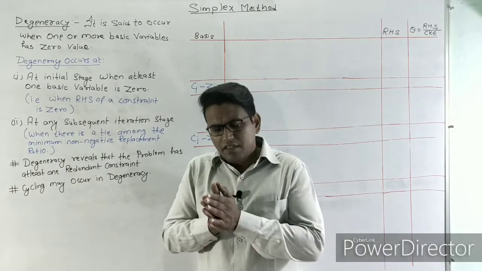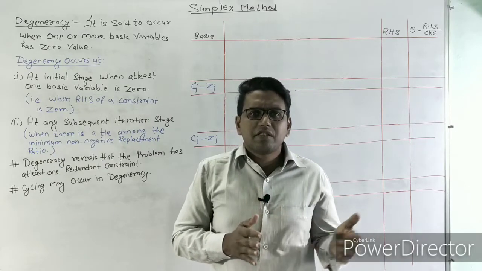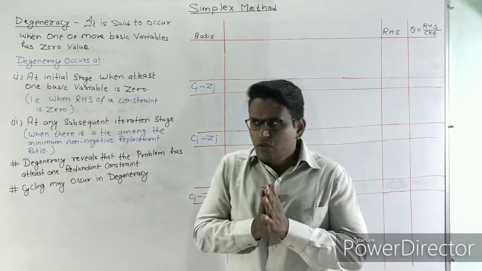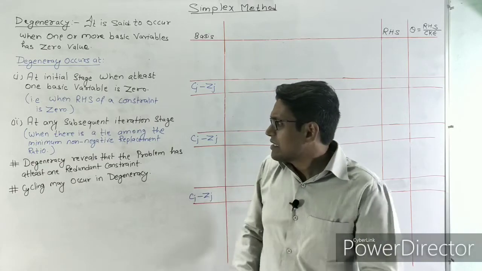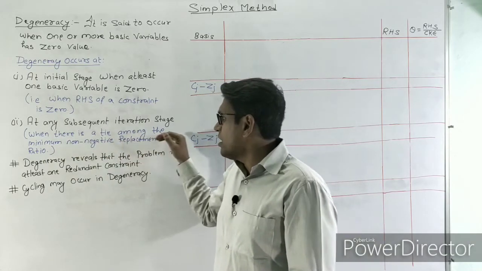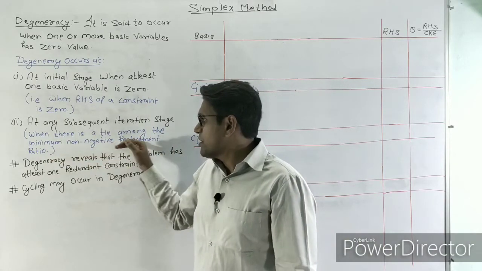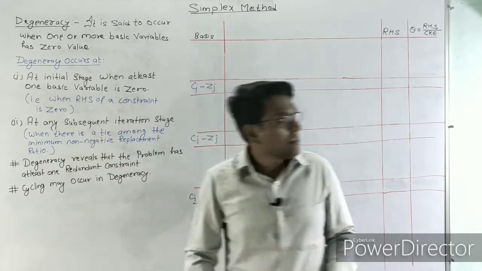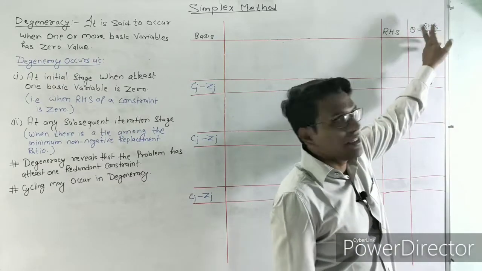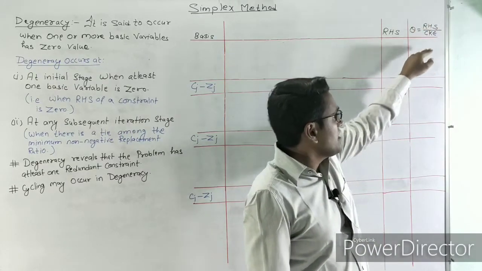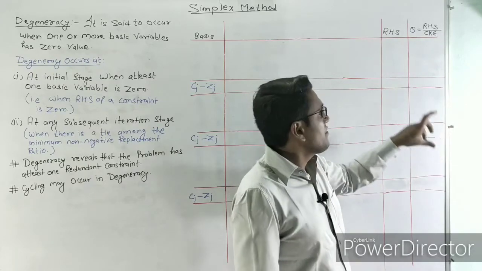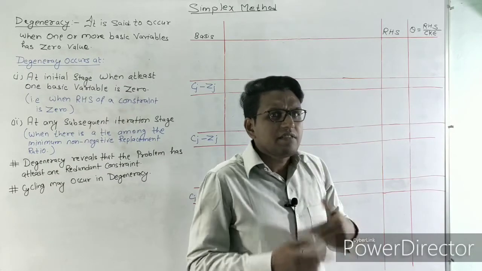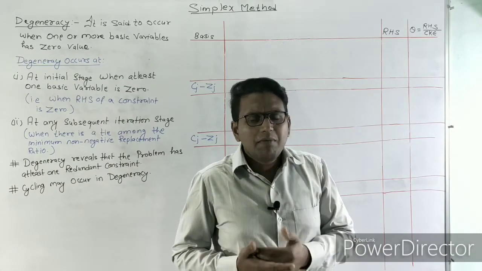And degeneracy can also happen at the subsequent iteration. That means after the basic feasible solution, it can be the first iteration, second iteration. In that case there is a tie among the minimum non-negative replacement ratio. Now what is the minimum non-negative replacement ratio? It is the value of theta that we calculate. As we see in the subsequent iterations, if there is a tie for a leaving variable, then we can say that our problem is degenerate.